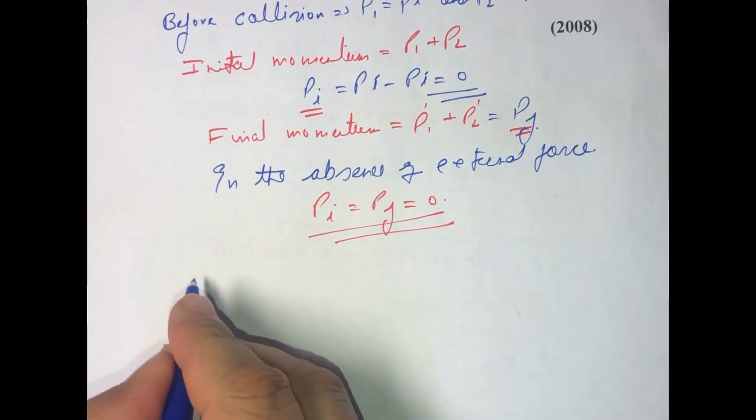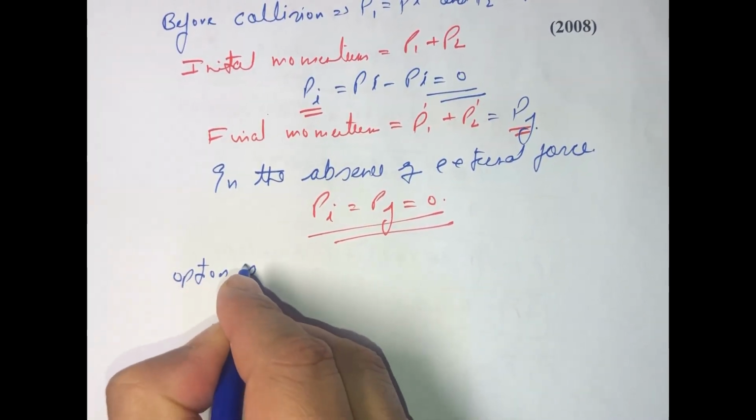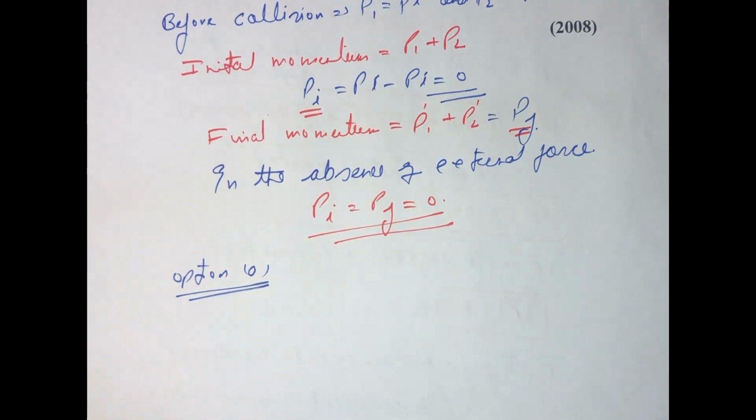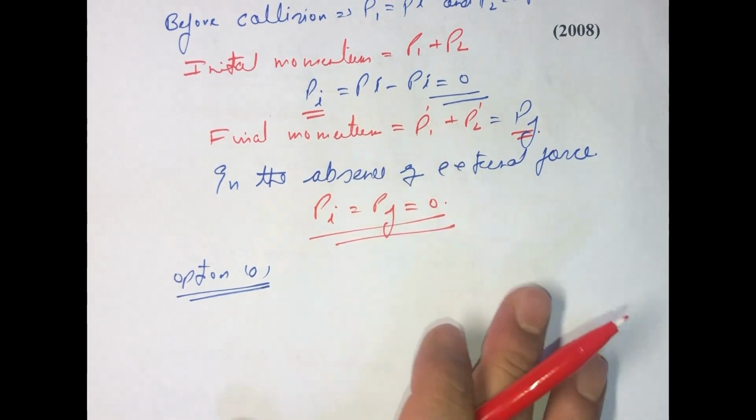So let us check option A. We are going to find P1 prime plus P2 prime.